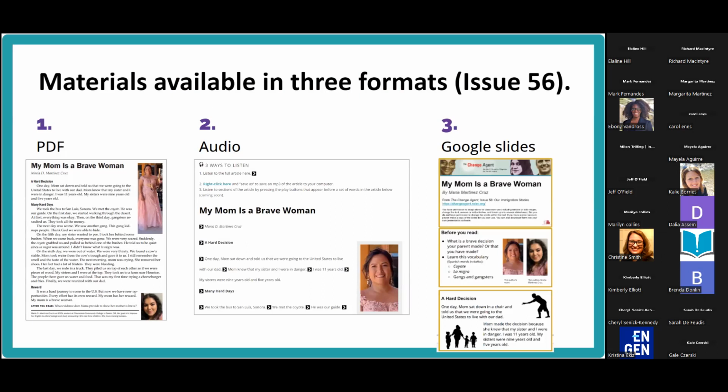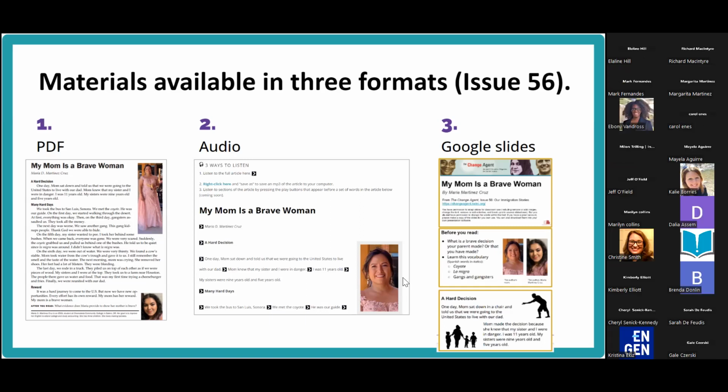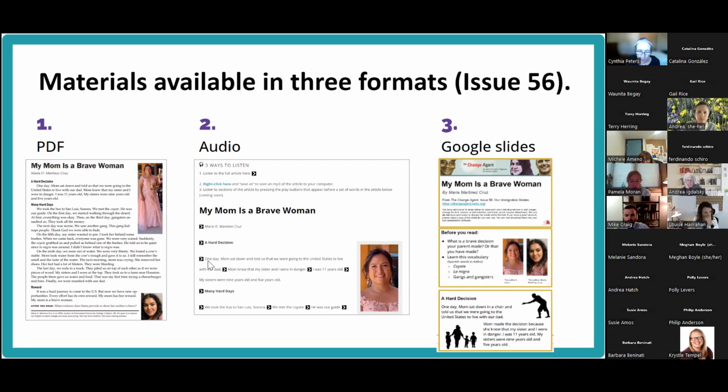If you're doing in-person classroom, you can just hand out the page to everybody. If you're doing an online classroom, you can upload the PDF into your platform. There's also an audio version of the article, and students can hit those play buttons and hear the text read out loud while they follow along with the text. So that's another format that's available, not for every single article, but for a lot of articles.